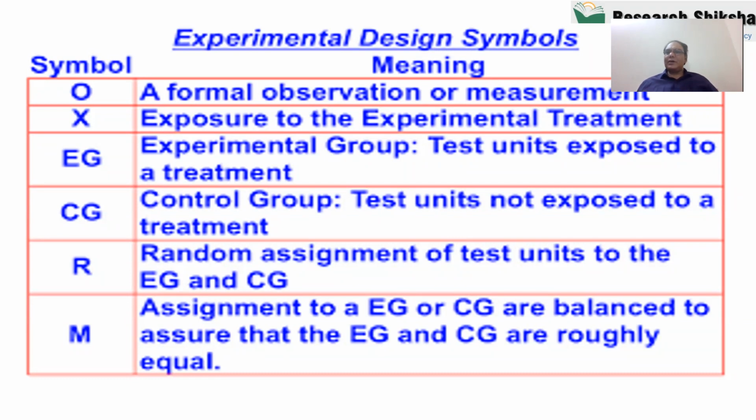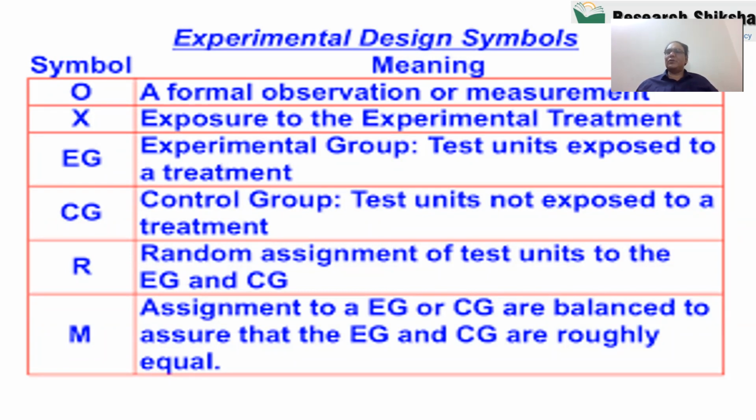This R means whatever patient you are selecting is on random basis. Right? So R is known as randomization. The way you select the units in the experiment. What is the process you adopted to select the unit? Unit means objects.